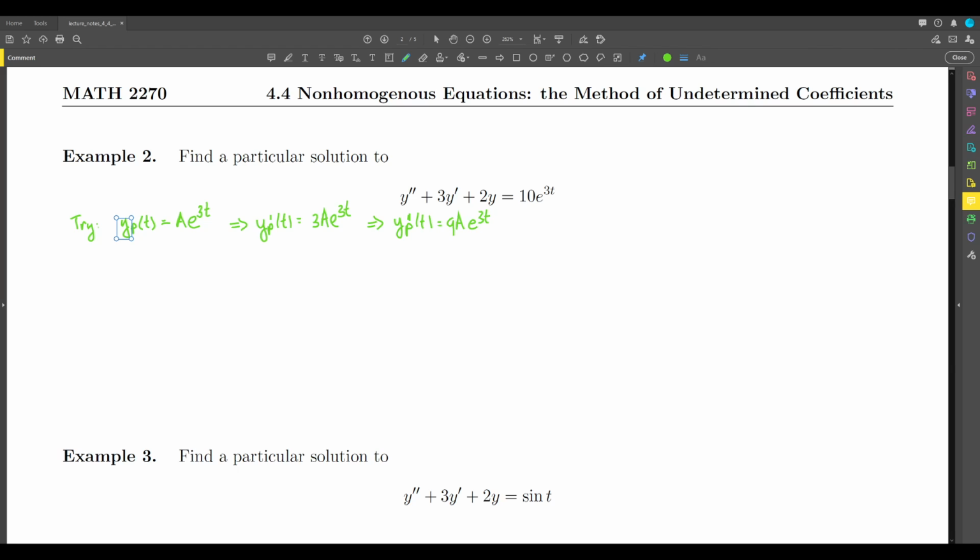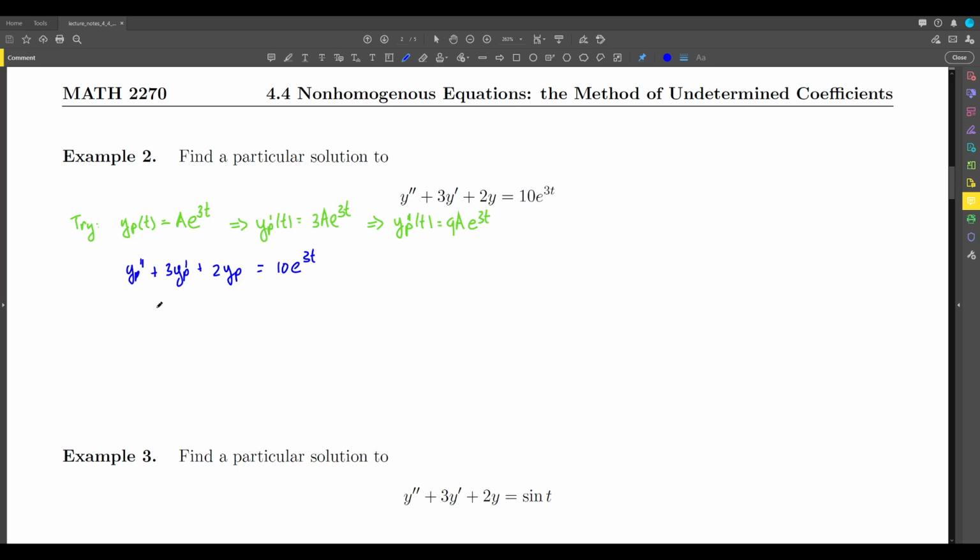So now let's copy down that differential equation that we need to solve. We have yp double prime plus 3yp prime plus 2yp, and that equals 10 e to the power 3t.